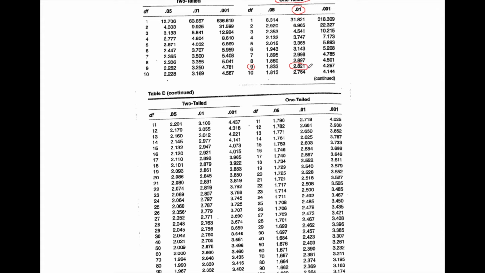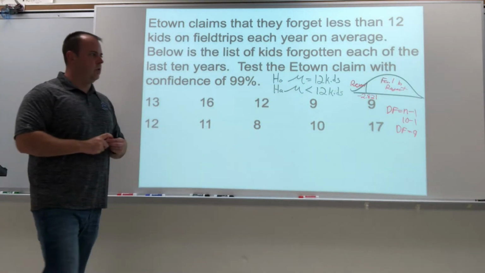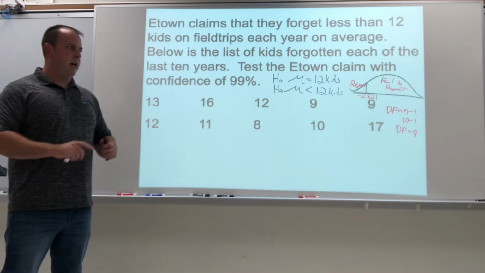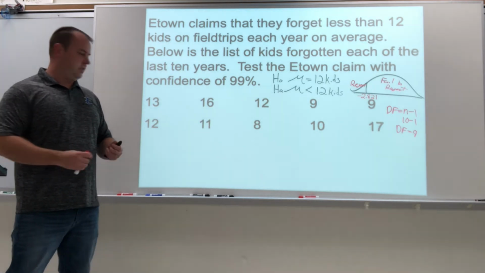Okay, now all the values on here are positive. Since we are a left tail test, that means it would be negative 2.821. Negative 2.821. All right, so now we have our null and alternative, we have our critical value. Now we need to find our test statistic.